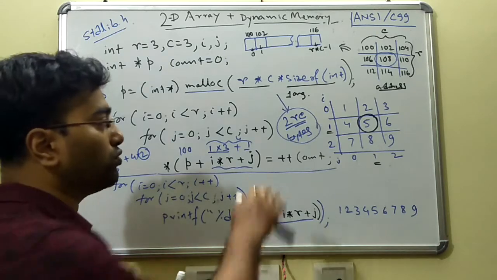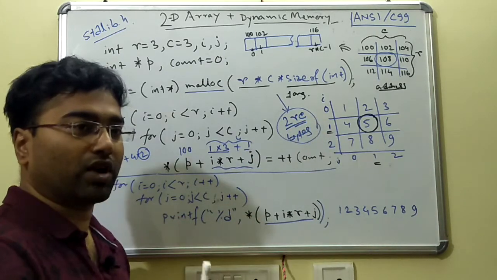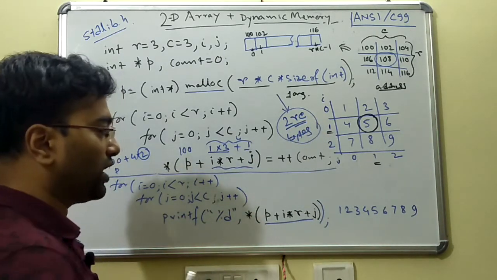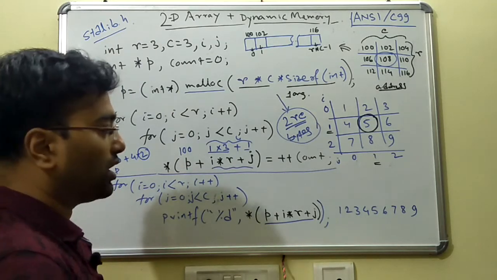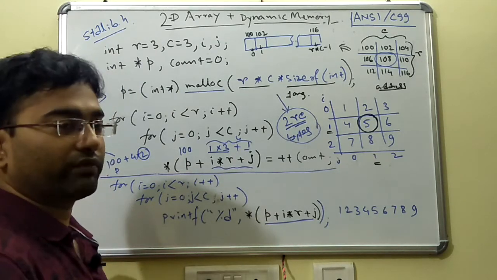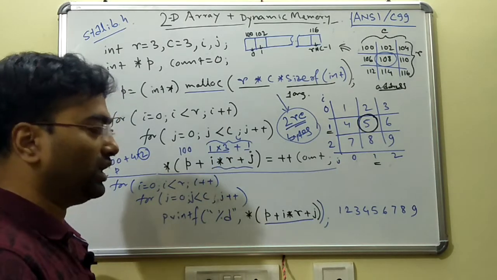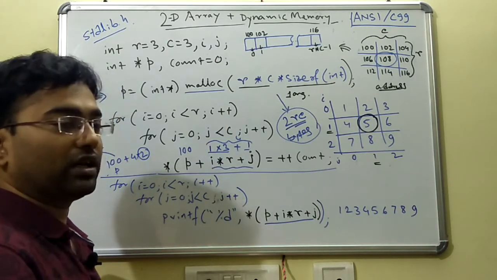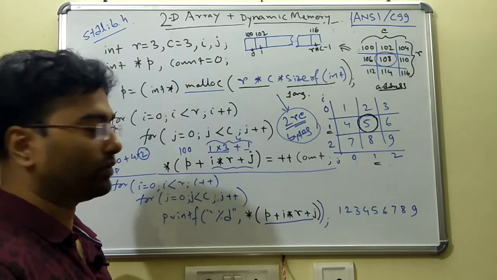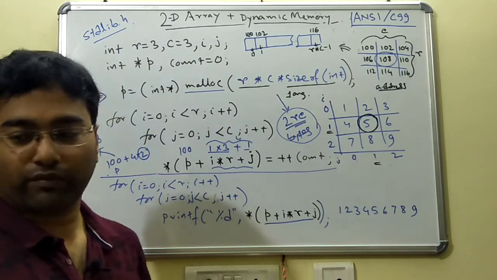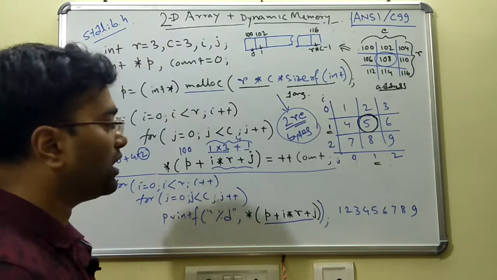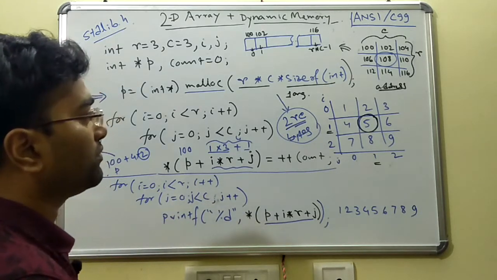The memory is allocated in a one-dimensional fashion. That's why you have to use the expression p plus i into r plus j. r stands for the number of rows, i indicates the ith row, and j stands for the jth column. So this is one way you can create a 2D integer array.